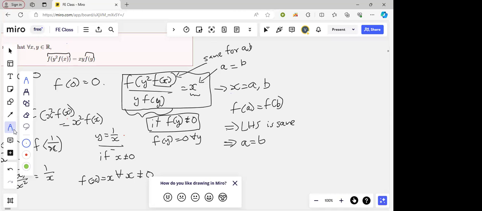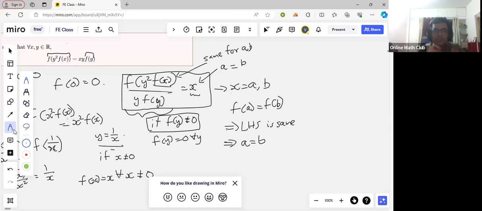So here we assumed f of a is equal to f of b, and then we said that the left hand side will always be the same, right? Because it only depends on f of x. y is a constant, and it only depends on f of x. There's nothing else in it. Is this clear?